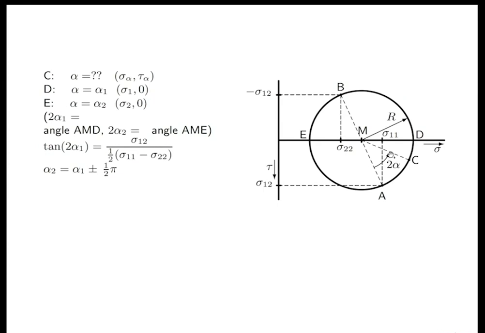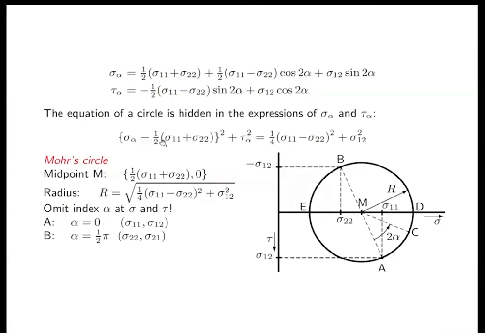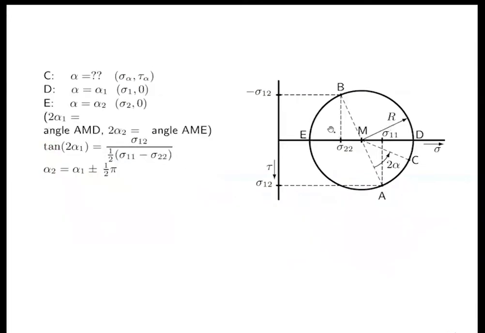I will explain in a minute again how I remember that it must be 2 here. From the mathematics, it follows from the equations here. Now, point D is the rightmost point on the circle on the horizontal axis. Point E is the leftmost point. Those are easier to interpret than point C. I will come back to point C in a minute.